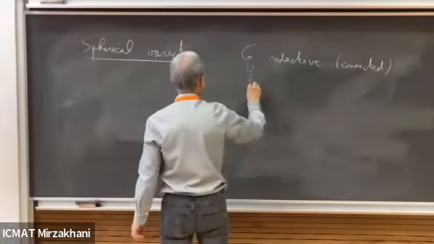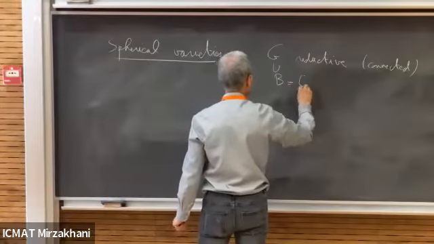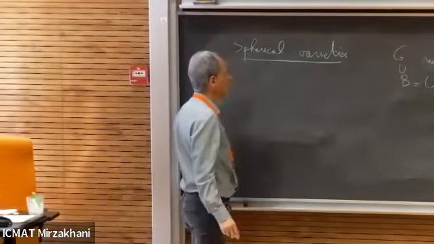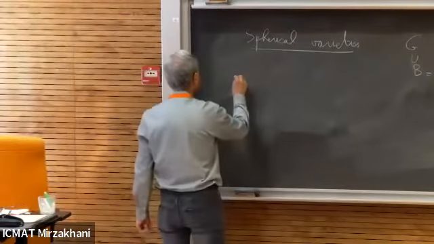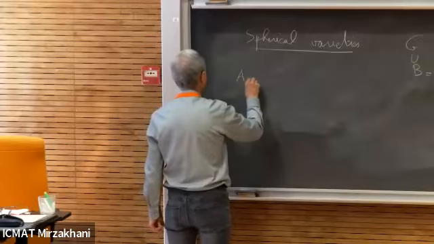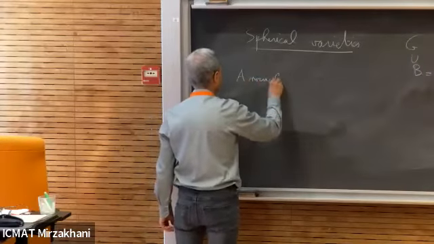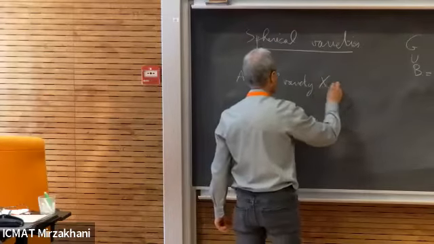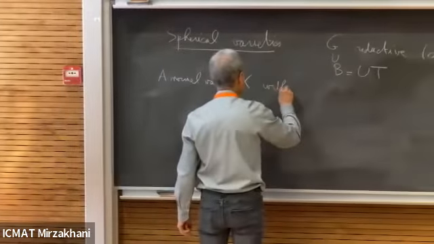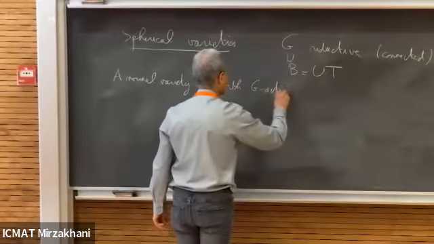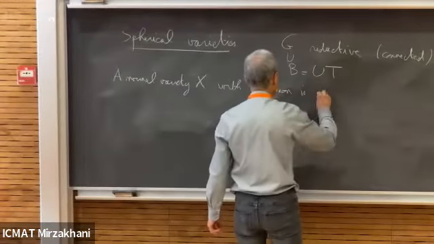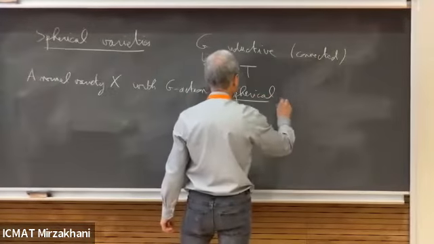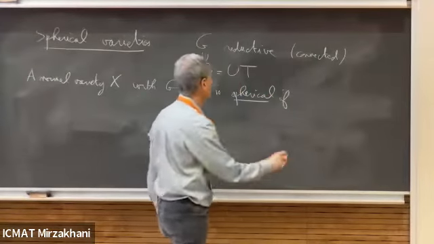And I will choose a Borel subgroup B as above with this decomposition, and I will say that a normal variety X with the action of G is spherical if it has an open B orbit.